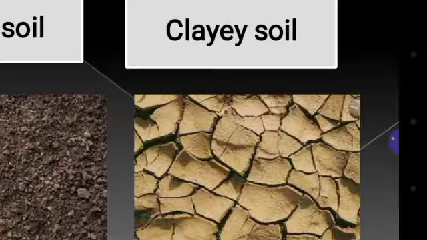Clay soil is comprised of 0 to 45% sand, 0 to 45% silt and 50 to 100% clay. This soil retains moisture and becomes very sticky when wet. Dry clay soil is hard and not suitable for cultivation.